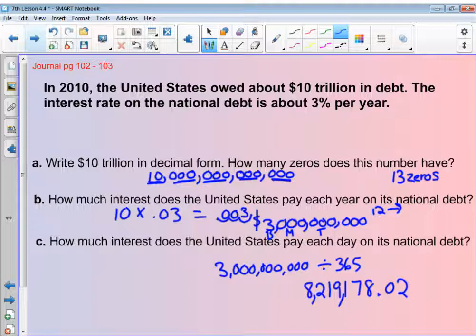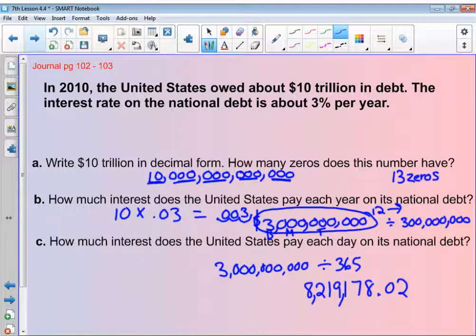Letter D says, and I know I don't have it up here on the screen, the United States has a population of 300 million people. Estimate the amount of interest that each person pays per year toward interest on the national debt. So we could divide this number right here, because it was saying per year, by 300 million. So 300, there's 1,000 million.